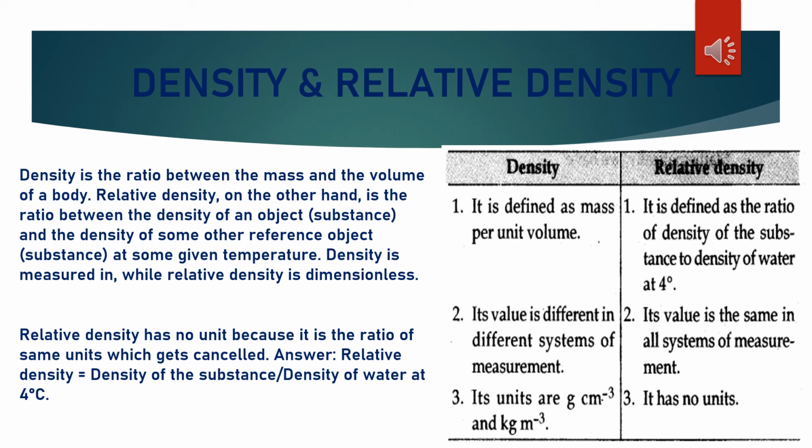That means equal to mass of unit volume of the substance divided by mass of unit volume of water at 4 degrees Celsius, or equal to mass of any volume of the substance divided by mass of same volume of water at 4 degrees Celsius, equal to, at last, relative density is equal to weight of any volume of the substance divided by weight of same volume of water at 4 degrees Celsius.